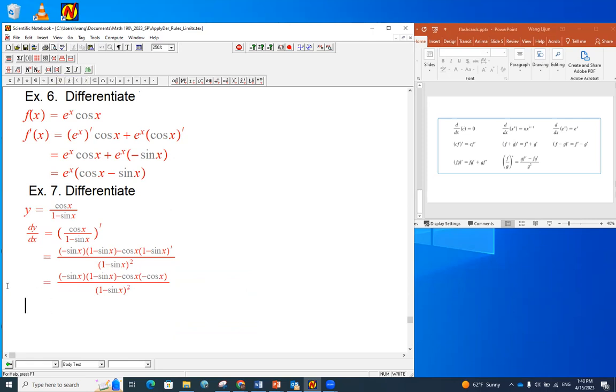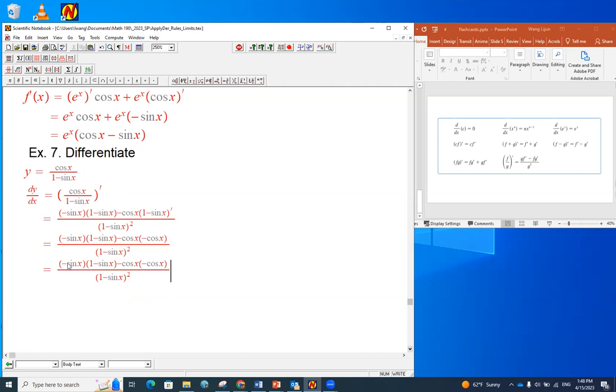But we're not done yet. We would like to reduce it so the final answer is in factor form. So minus sine x times 1 and minus sine x times negative sine x.